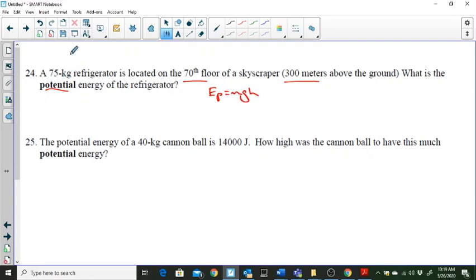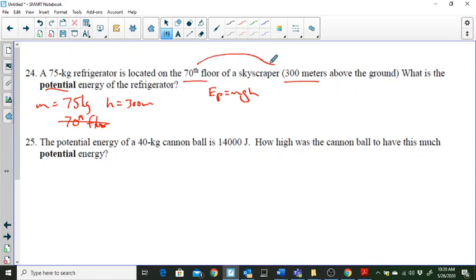So let's take a look at our numbers. We've got 75 kilograms. That's our mass. We have the 70th floor. What do we measure in 70th floor? Nothing. So it's a number, but it's not going to be part of our calculation because we're told we have this 300 meters, and that is our height.